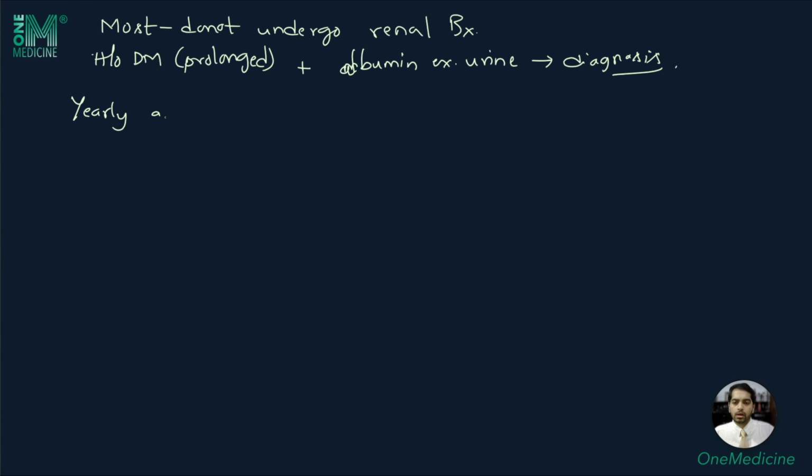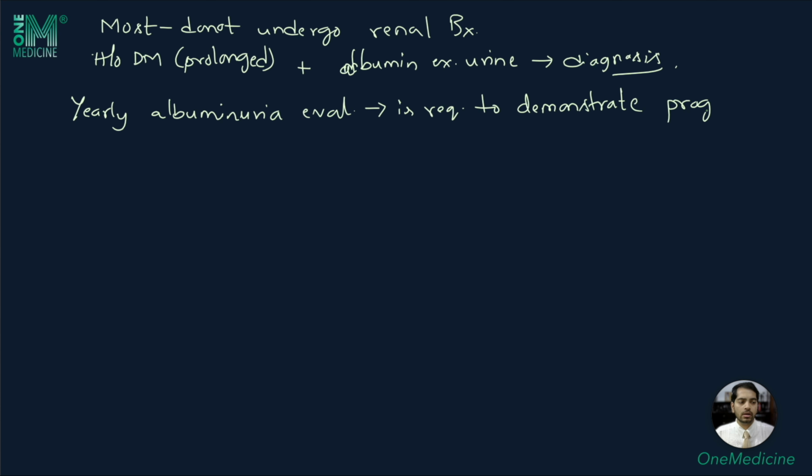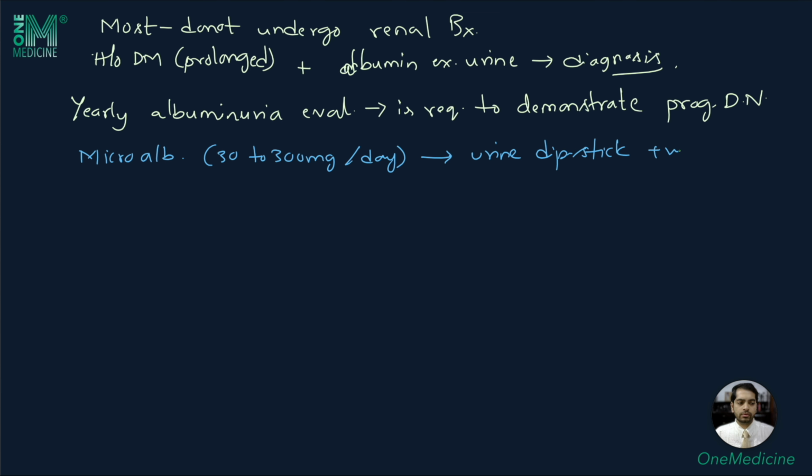Yearly albuminuria evaluation is required to demonstrate progression in diabetic nephropathy. Typically, the patients progress from microalbuminuria, which is 30 to 300 milligrams of albumin per day, to being urine dipstick positive albuminuria, that is more than 300 milligrams of albumin in the urine per day. This further progresses to overt proteinuria and even chronic kidney disease.